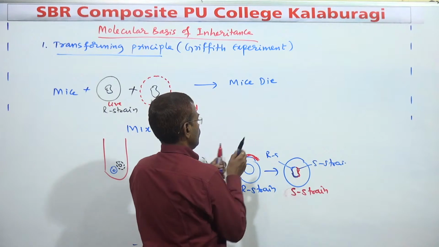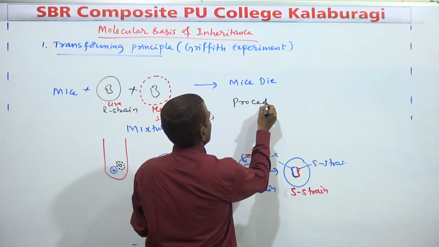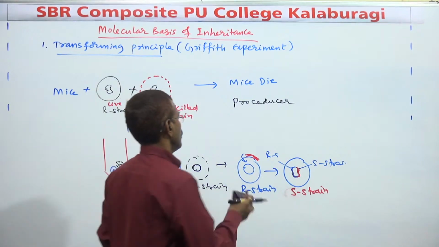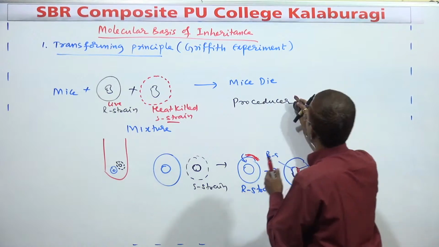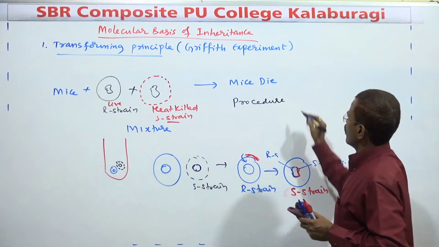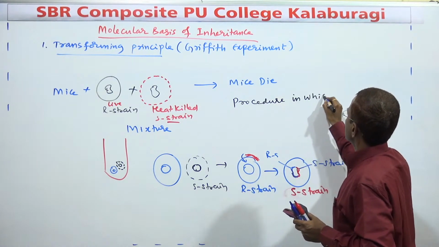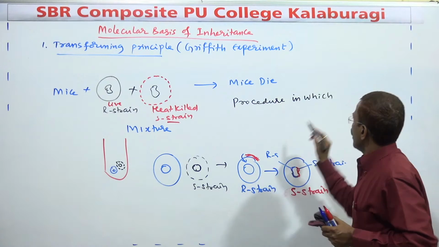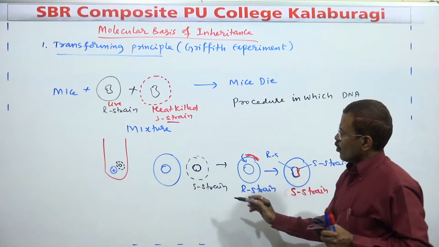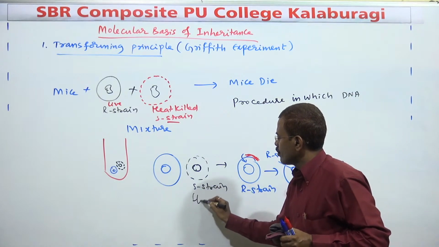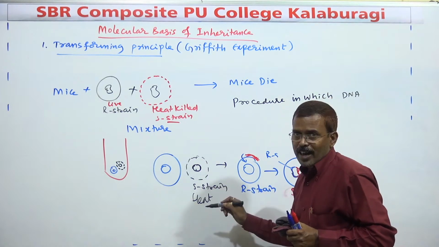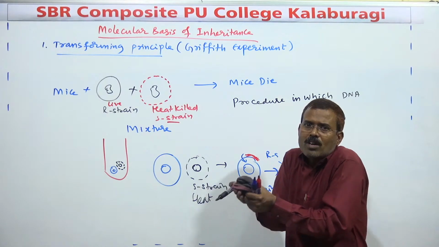It is a procedure in which a piece of DNA, see what happens, it is heat killed, the capsule got damaged, the cell wall got damaged, so this DNA comes out of the cell.